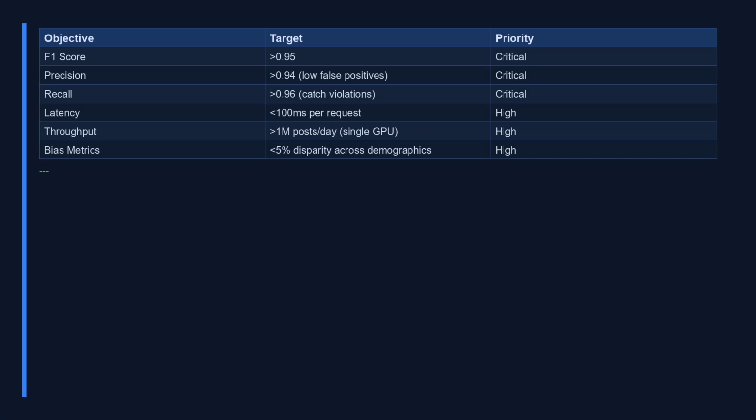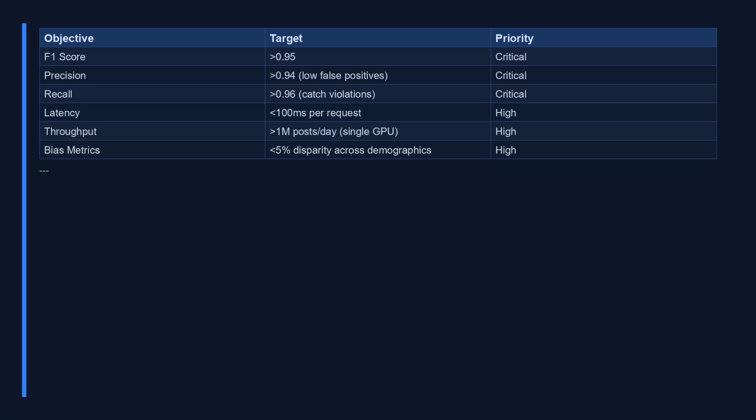The success metrics are precise and non-negotiable. F1 score above 0.95, precision above 0.94 to keep false positives low. You don't want to wrongly silence legitimate users, and recall above 0.96 to catch the violations that actually matter.